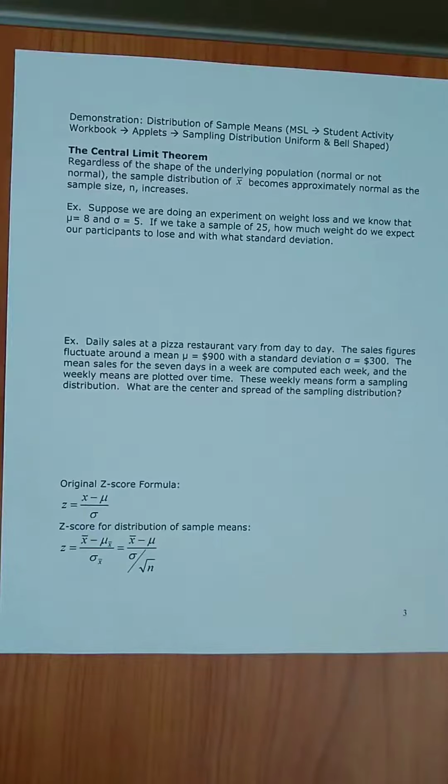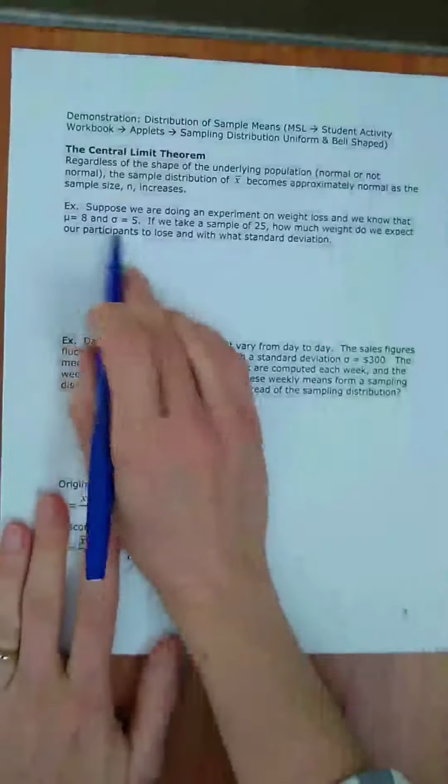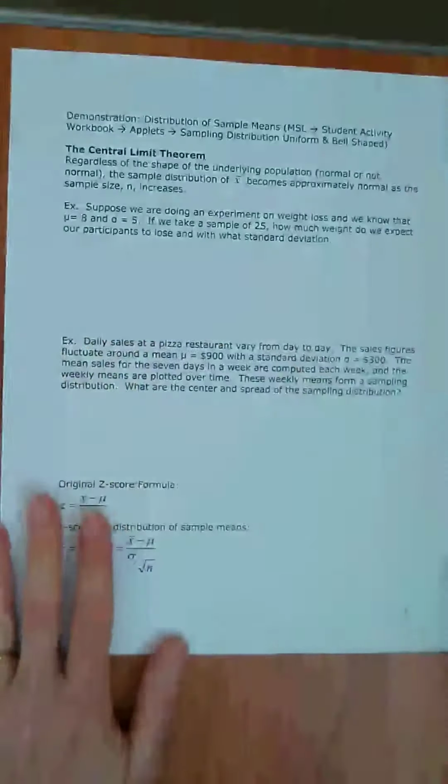So here's a couple of examples of how they might ask you to use these new formulas and how we can make our way through all the wording and vocabulary. Suppose we're doing an experiment on weight loss, and we know that mu is 8 and sigma is 5. That's for the whole population. We have all the data, and we know that overall the average is that they lost 8 pounds, and the standard deviation is 5 pounds.